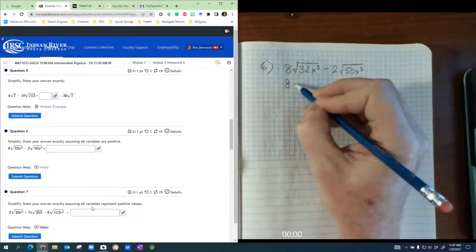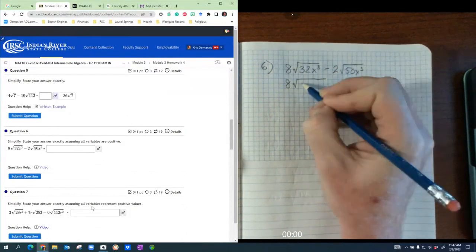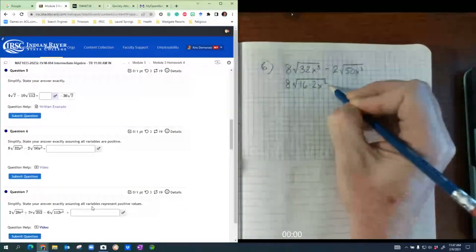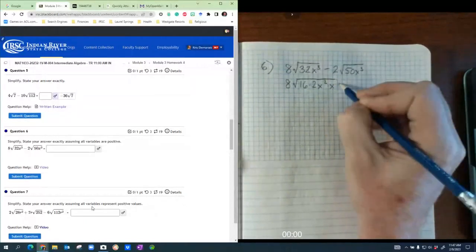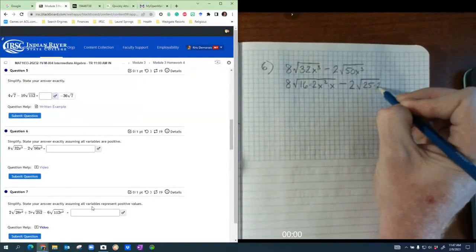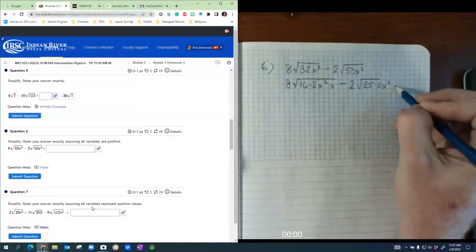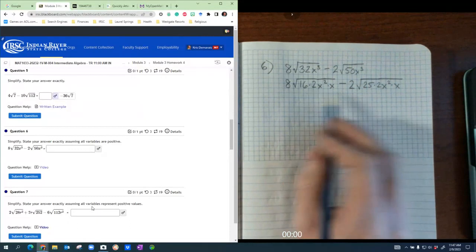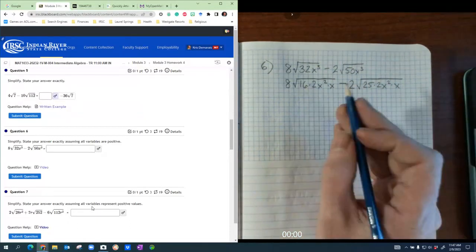I'm going to show you this. I'm going to break this down a little further. Watch this. 16 times 2, and then x times 2 times x. And then this is going to be 25 times 2, and then x squared times x. Now, by writing it that way, we can see the perfect square.